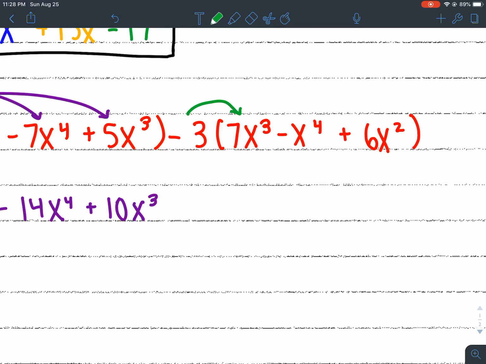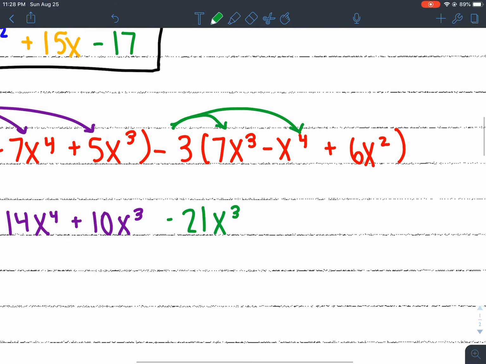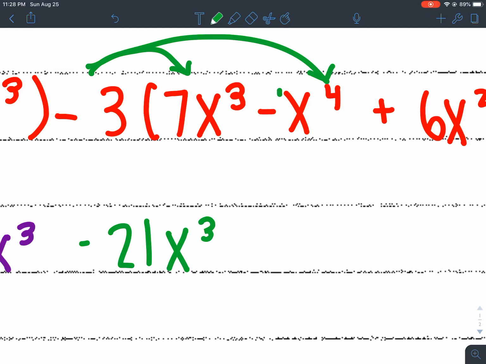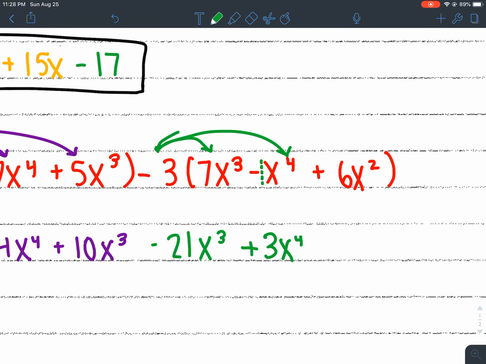Remember, it is negative, so I have negative 21x cubed. Negative 3 times negative x to the 4th. And if you're wondering, there is a 1 here, it's just an imaginary 1. So you have negative 3 times negative 1, which is positive 3x to the 4th. And then I have negative 3 times 6x squared, which is negative 18x squared.